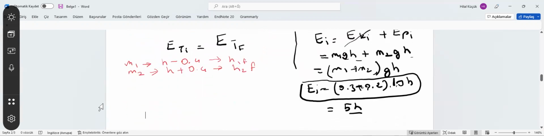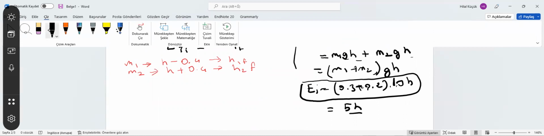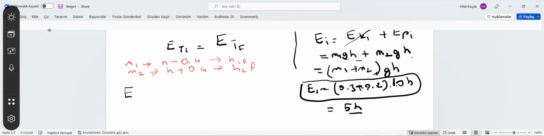Their velocity must be the same. So now I can write the final part, total final. It is quite difficult right here. I have kinetic energy parts, final, and I have potential parts.